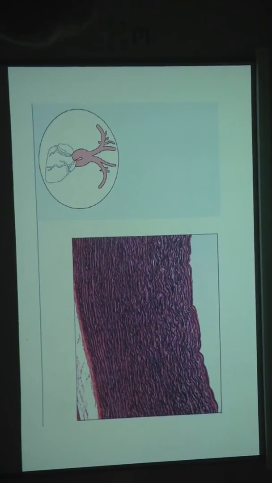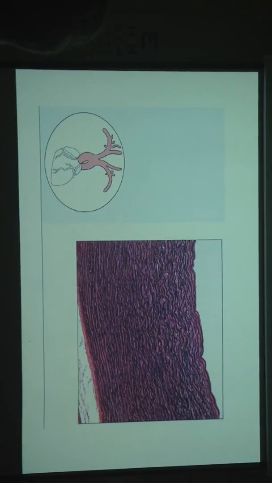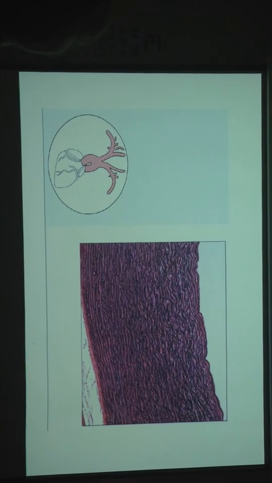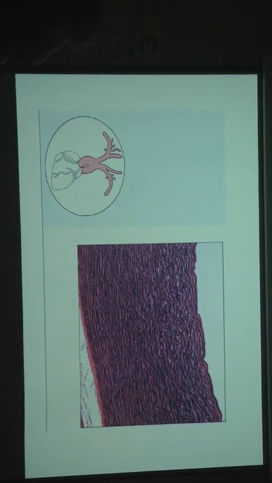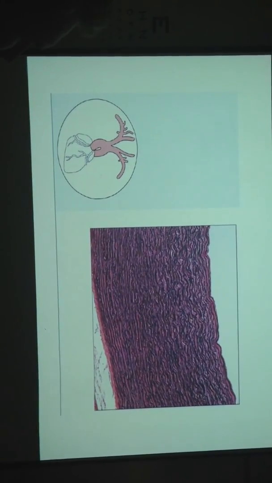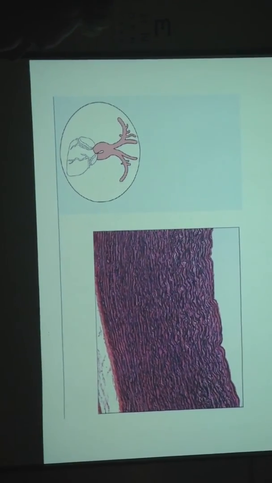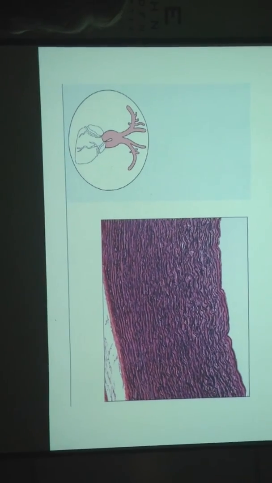Dense regular again. Or dense, regular, elastic connective tissue. Better name because it tells you it belongs to the subclass dense, and that all the fibers, although mostly elastic, run in parallel. Regular tells you they run in parallel.